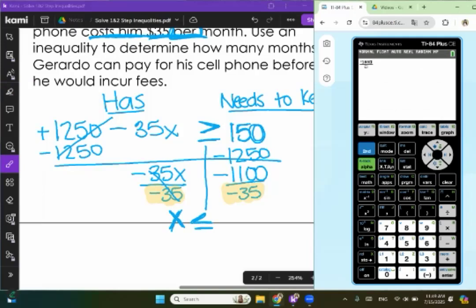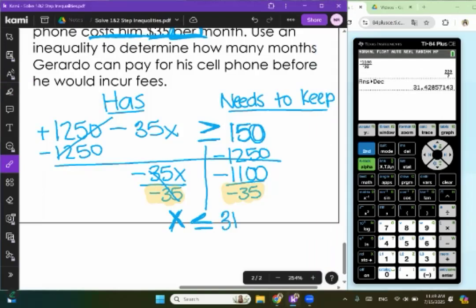Negative 1100 divided by negative 35. Oh, math, decimal, enter. 31.4.